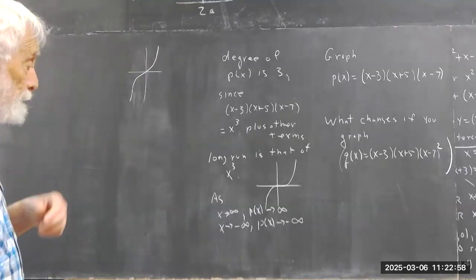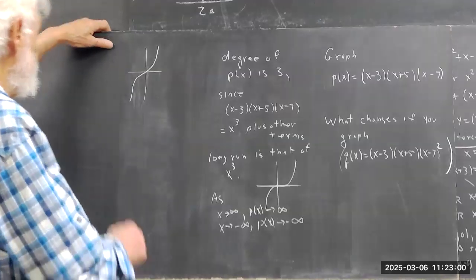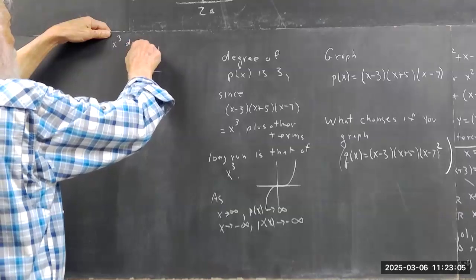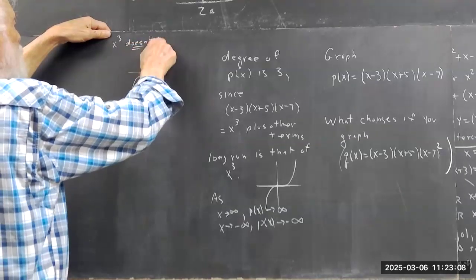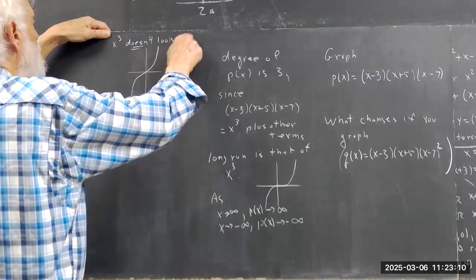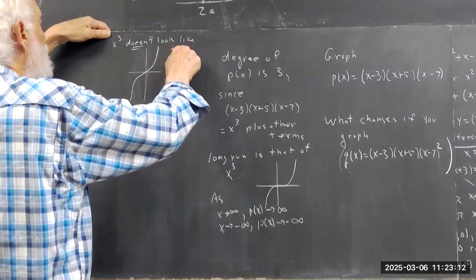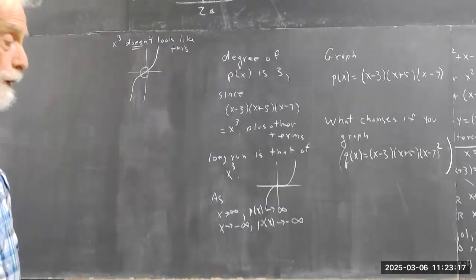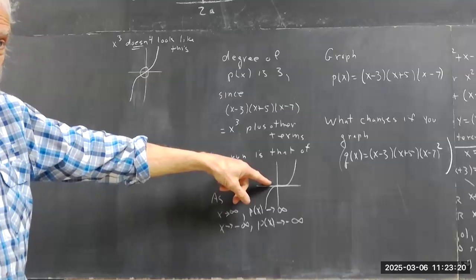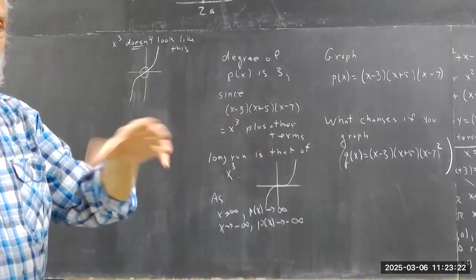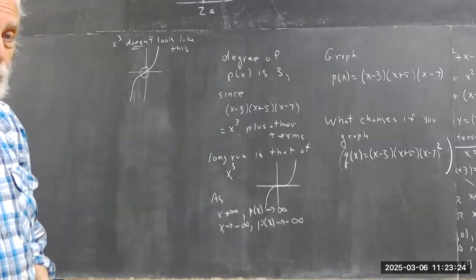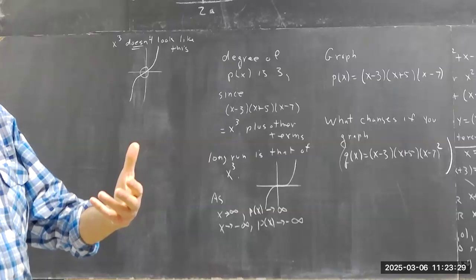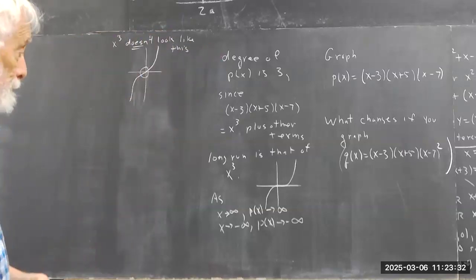So anyhow, it doesn't look like this around the origin. It looks flat around the origin. And that goes with the way I showed you last time to construct the x cubed graph, using a whole lot of lines.